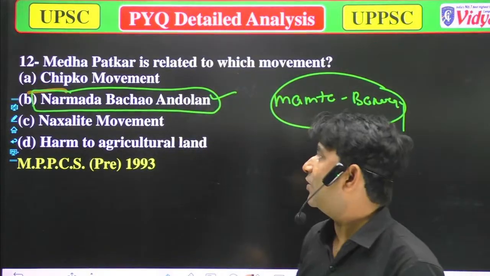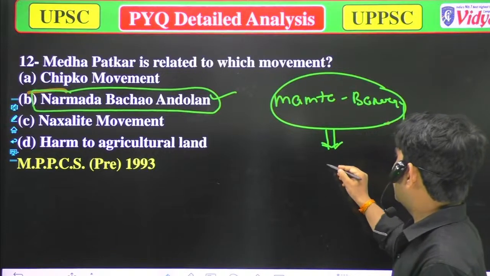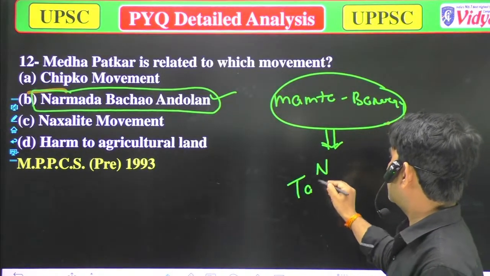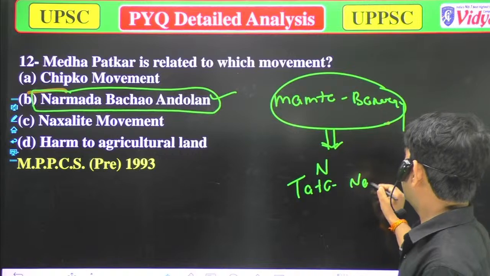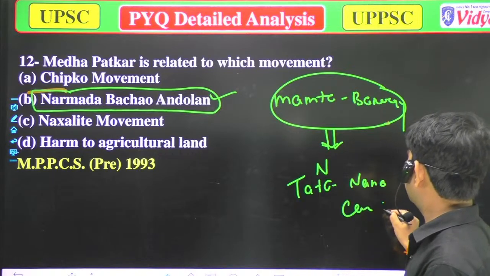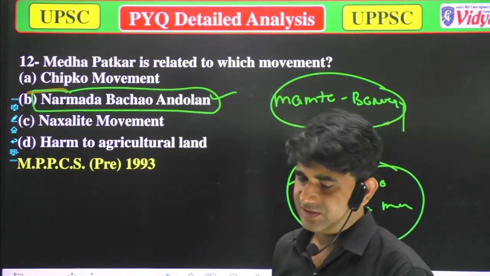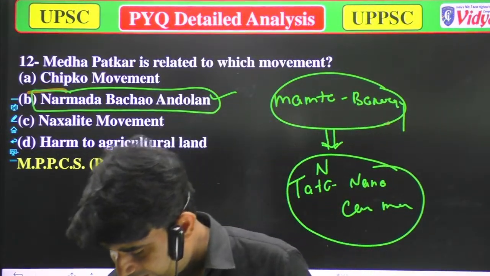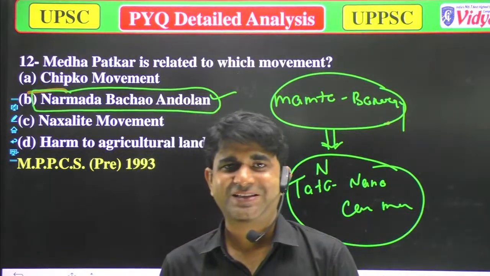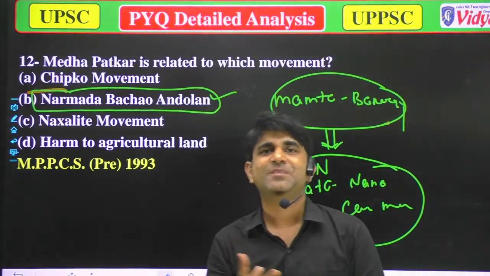Mamta Banerjee has also been famous for the Tata Nano car movement in West Bengal. Arya Gupta, thank you. Sometimes it happens that the things are in your mind, but it doesn't come at once.